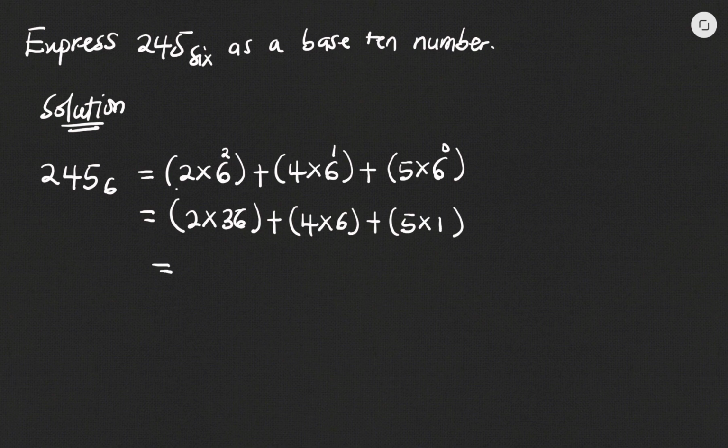So this is equal to 2 multiplied by 36 will give me 72, plus 4 multiplied by 6 will give me 24, plus 5 multiplied by 1 will give me 5. So 72 plus 24 plus 5 will give me 101. 101 base 10 as my final answer.